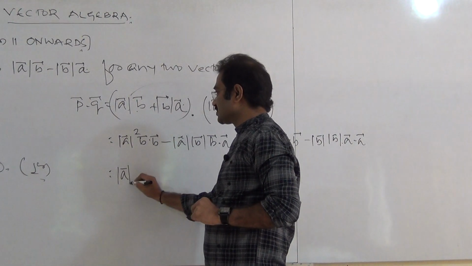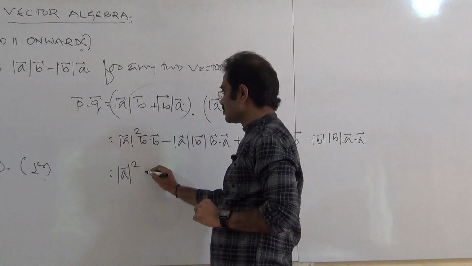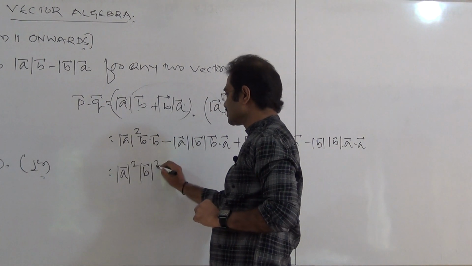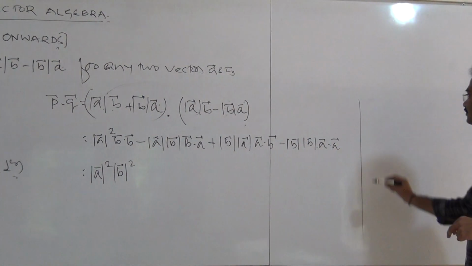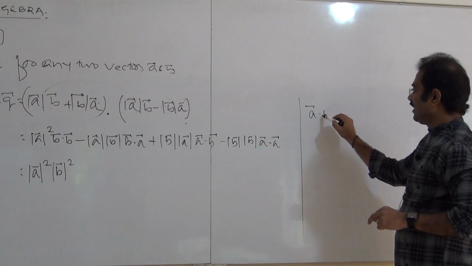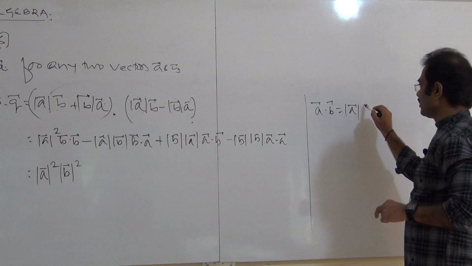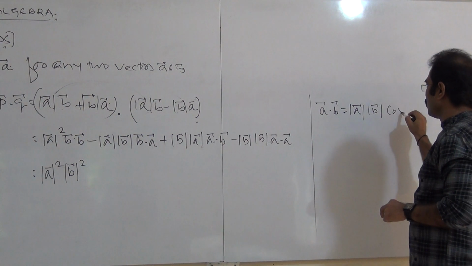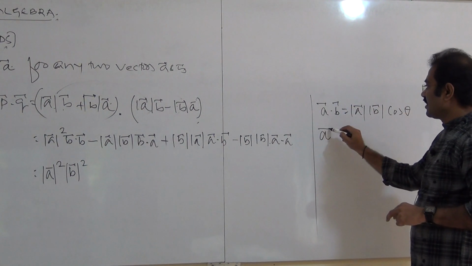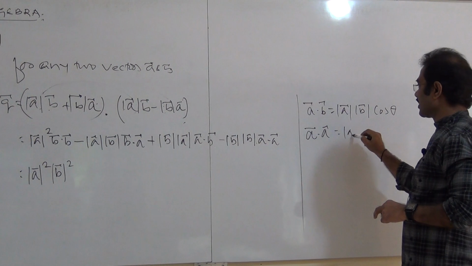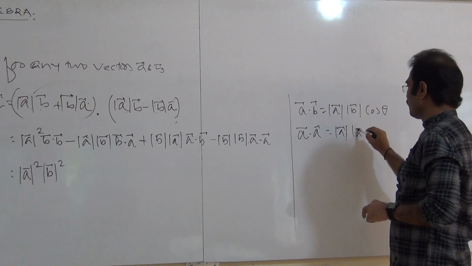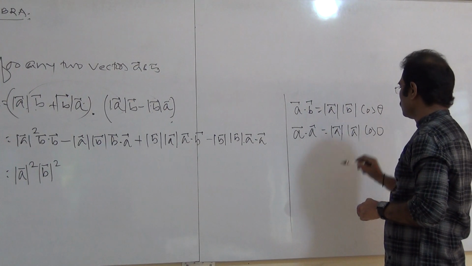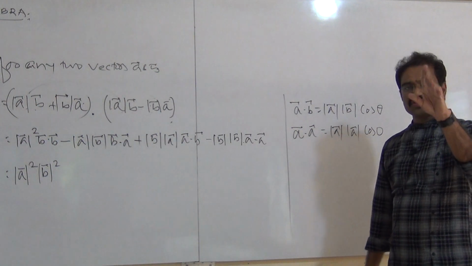Magnitude of A square B dot B is equal to what? Magnitude of B square. I give you the reason for that. A dot B is equal to magnitude of A, magnitude of B cos theta. A dot A is equal to magnitude of A, magnitude of A cos 0. Cos 0 is how much? 1.